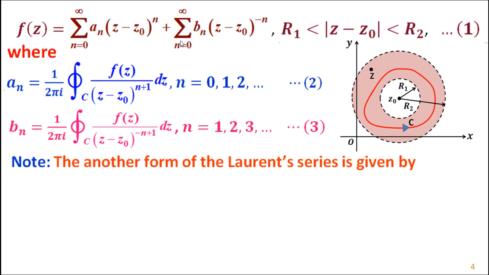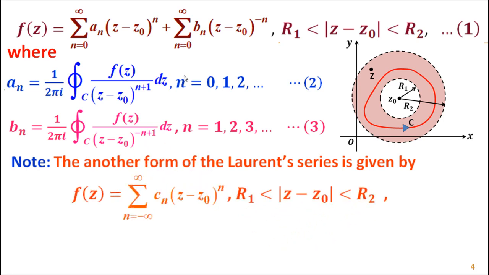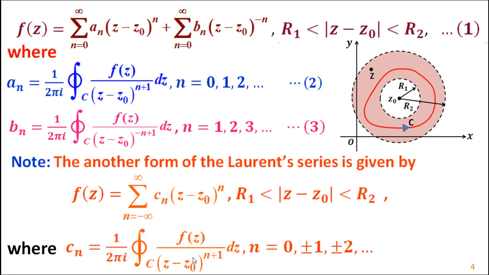That is, f of z is equal to summation cn times z minus z0 whole to the power of n, where the summation runs from minus infinity to plus infinity, defined over the annular region R1 less than mod of z minus z0 less than R2, where the coefficient cn is defined as cn is equal to 1 by 2 pi i times the integral over C of f of z by z minus z0 whole to the power of n plus 1 dz, where n is any integer.